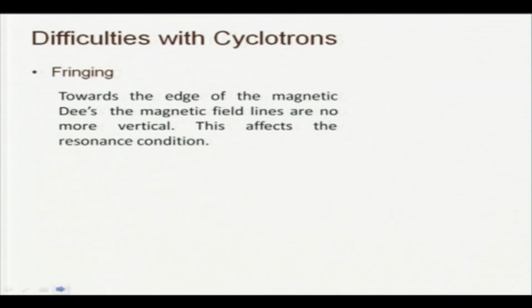There were two Ds which were separated, let me draw that here. There were two D regions which had the magnetic field perpendicular to the plane of the Ds, and these two Ds were separated by a small distance, and an electric potential was applied between them, so that whenever a charged particle enters this small gap, it is accelerated.